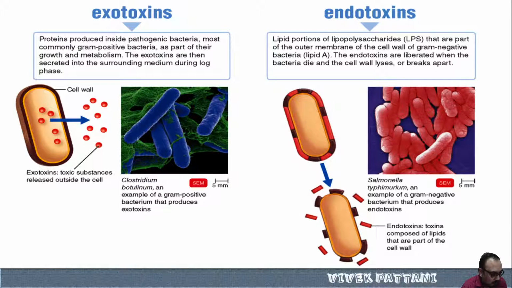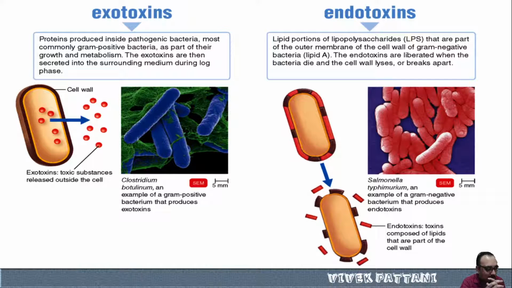Now there is also another word which you have already studied in your semester 4, intoxication. What is intoxication? It is due to the presence of toxins in the human body, but microbial growth is not necessary.